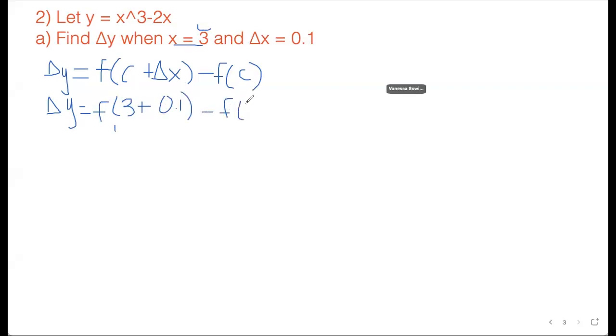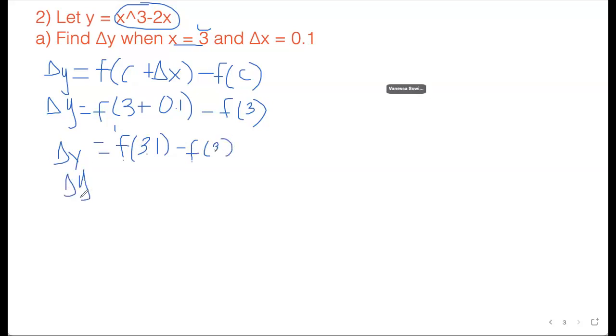Okay, so this is a little bit of plugging and chugging. We need to evaluate this function at the value of 3.1 and at 3, and subtract the value of the function at 3 from the value of the function at 3.1.